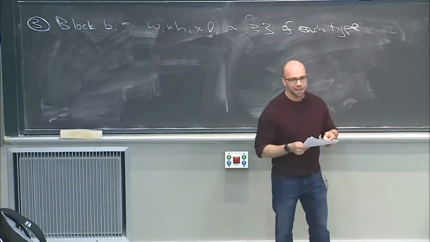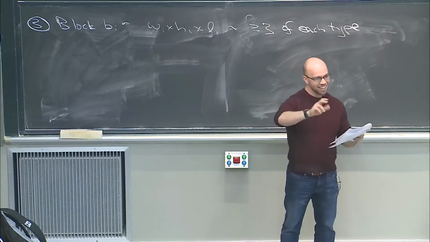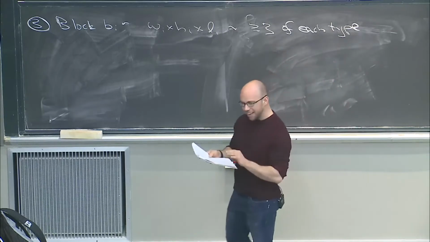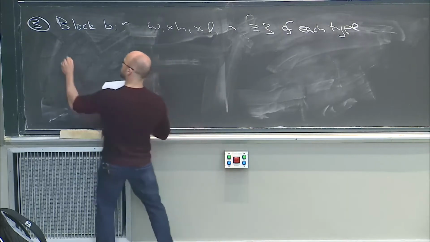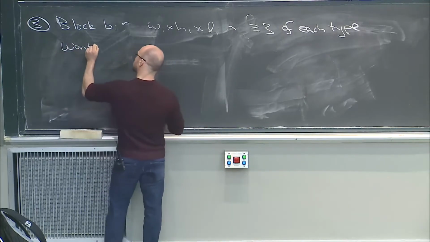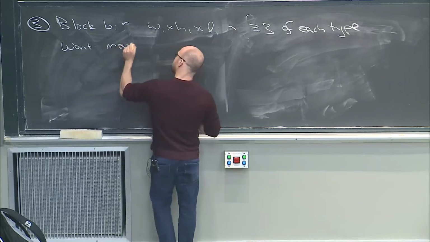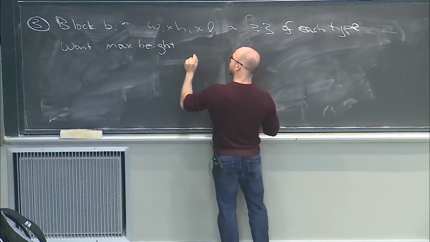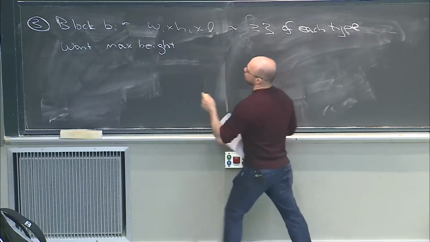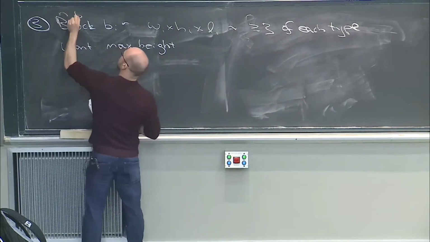So she can orient her block any way that she wants, meaning she can rotate it in any fashion that she'd like. And so what we're trying to do, what we want, is the max height where she's stacking her n blocks.